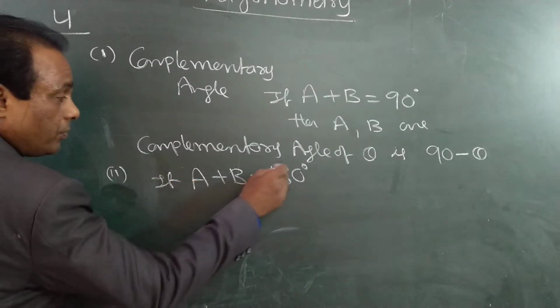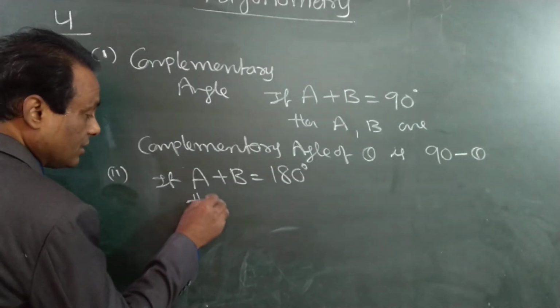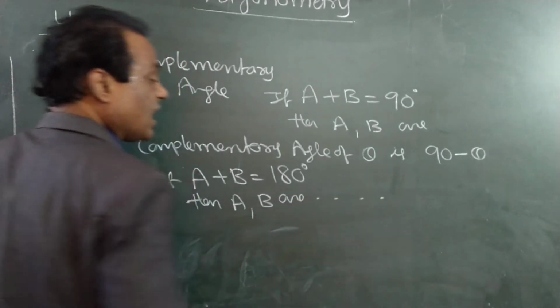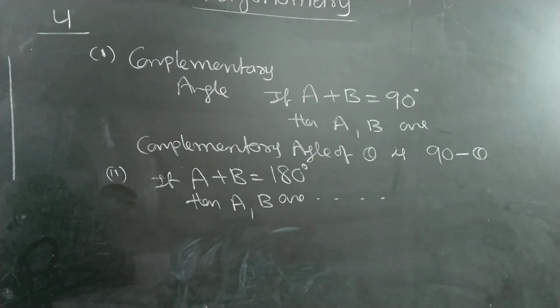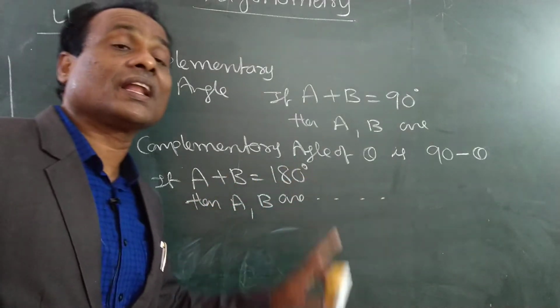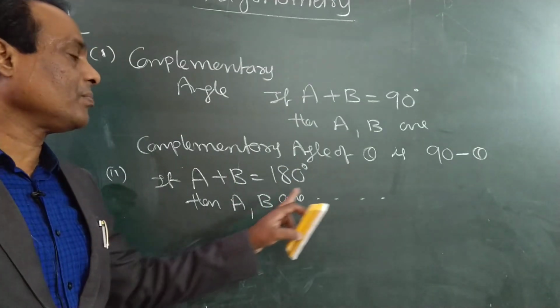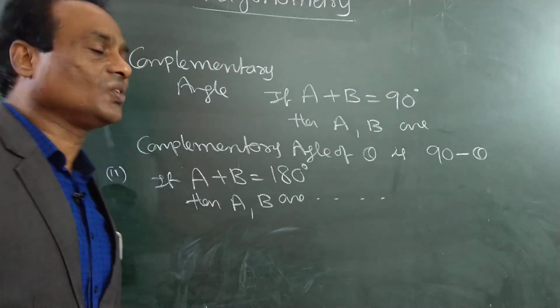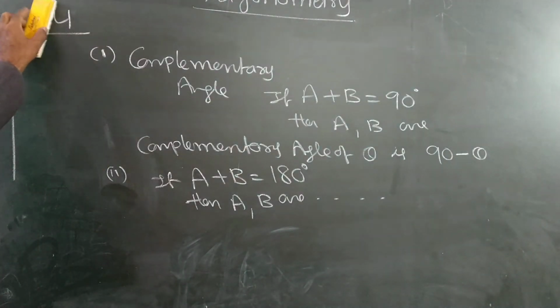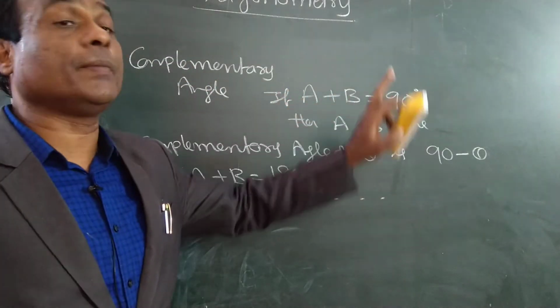Or if A plus B is equal to 180 degrees, then A, B are supplementary angles to each other. So this is very, very important: complementary angles.